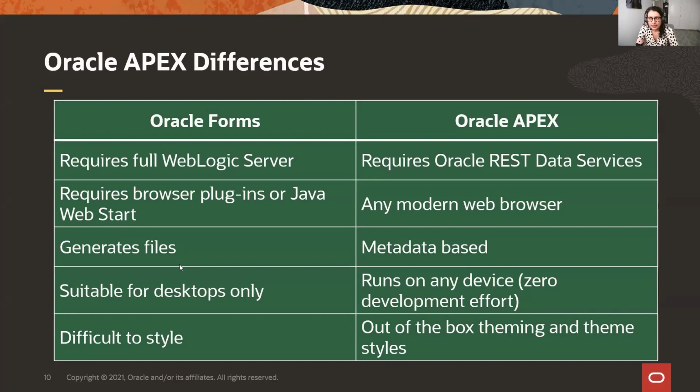Another difference is that when you finish your form, you need to compile that form, then you need to generate the executable or FMX for the form, and then you need to deploy those files to the web server. Okay, with Apex, you just make the changes in your page, save, and run the page, and you immediately see the changes that you just applied in your application in that environment.